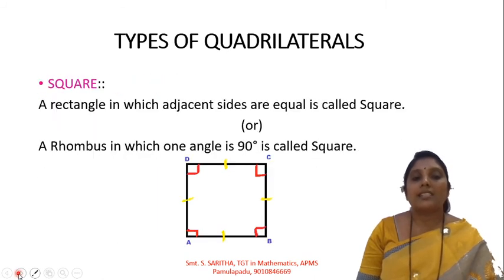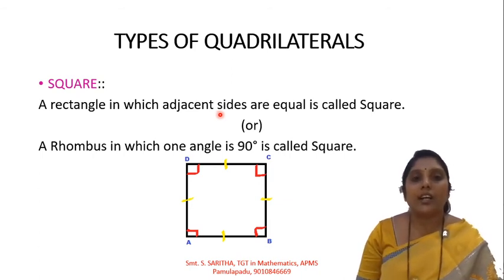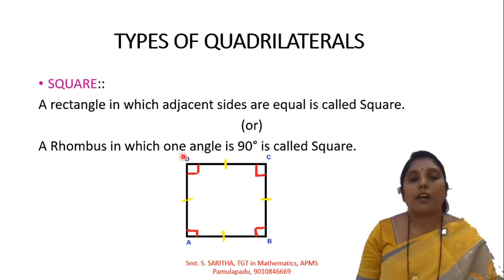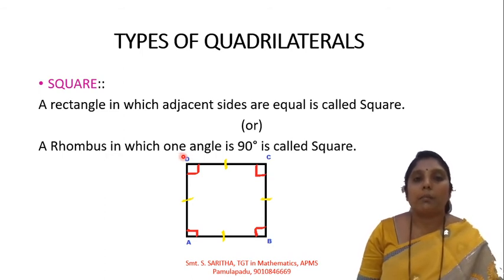Next, lastly, about a square. A square is formed from a rectangle, and also from a rhombus. In a rectangle, opposite sides are equal, but adjacent sides are not equal. If the adjacent sides in a rectangle are equal, such a rectangle is called a square. When you define it from a rhombus, in a rhombus, of course, all sides are equal, but the angle is not equal to 90 degrees.